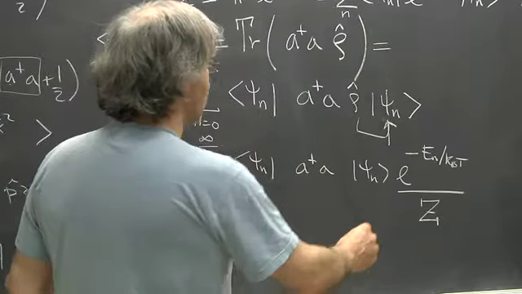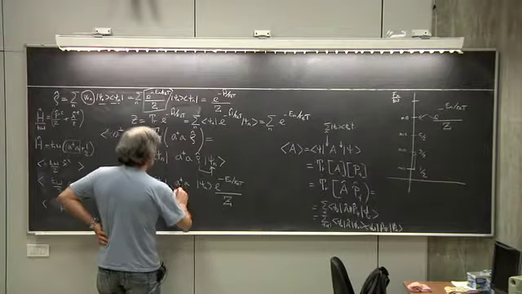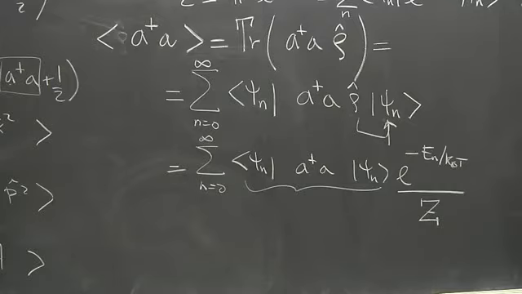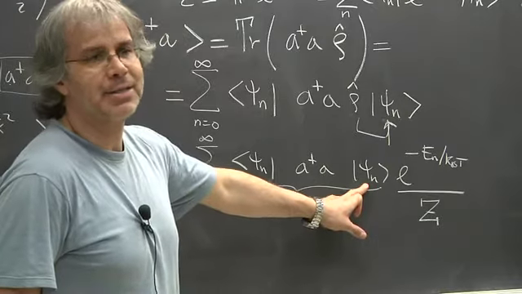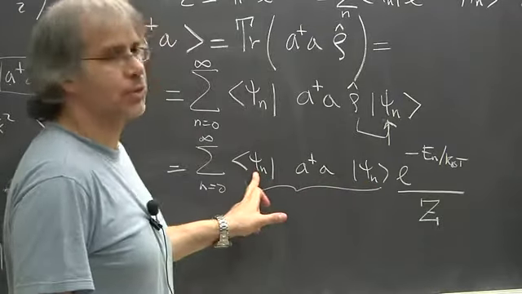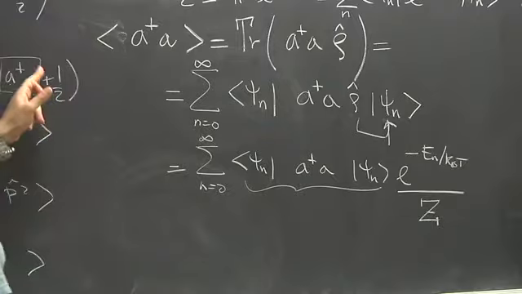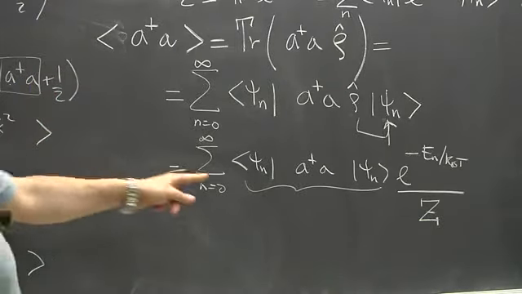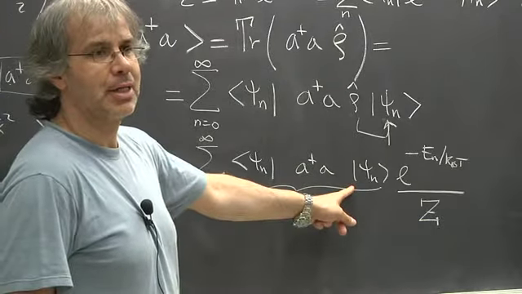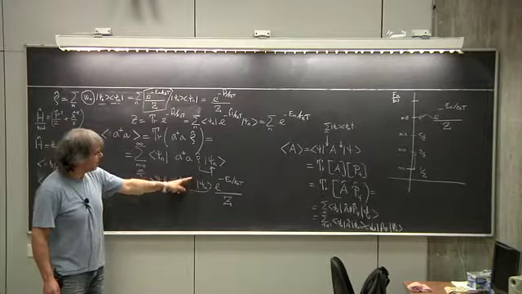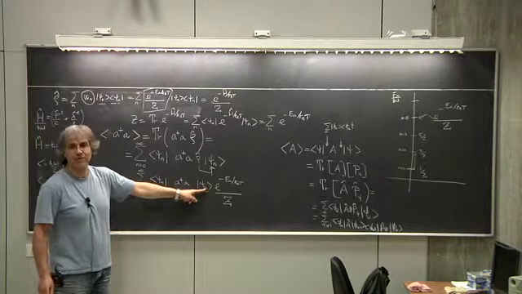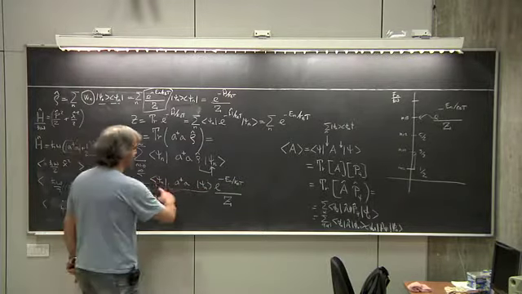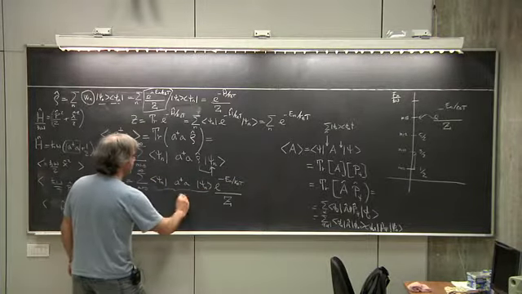So all I have to calculate is this matrix element now, which is, however, simple. Remember that psi n are essentially eigenstates of the Hamiltonian also, and the Hamiltonian is nothing but this, so you know how much this is. This is just a number operator, counting how many excitations you have there, so this number is just n.